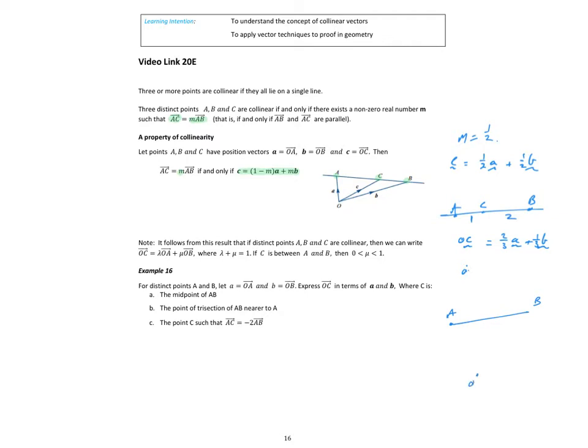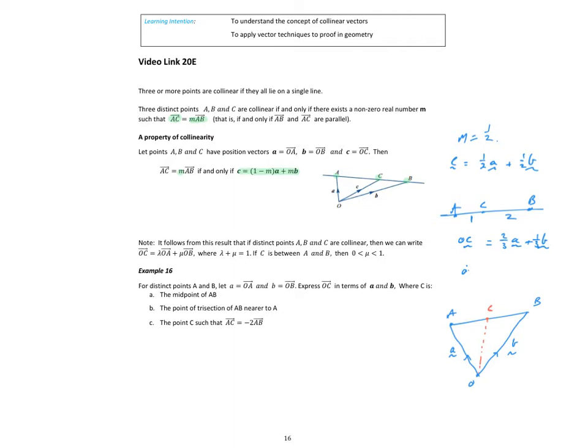Well, there's vector O. So OA we said was A. OB we said was vector B. And vector C is going to float. So initially vector C is going to be the midpoint. All right.